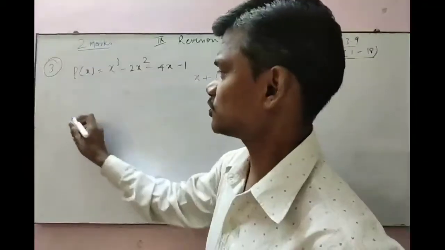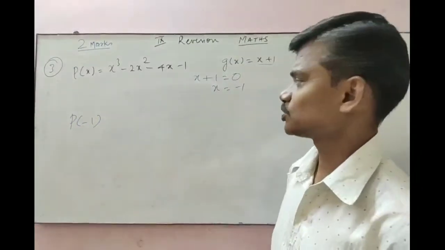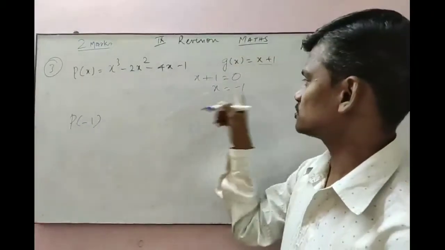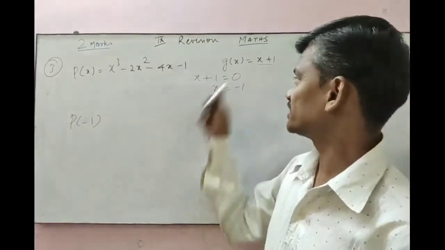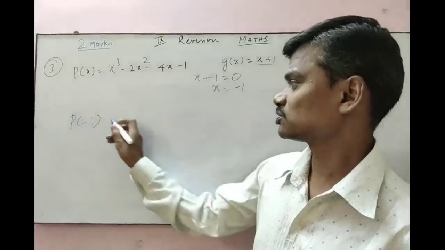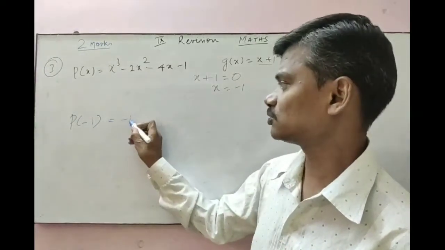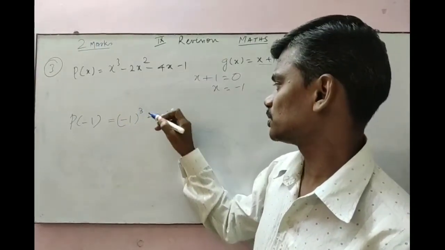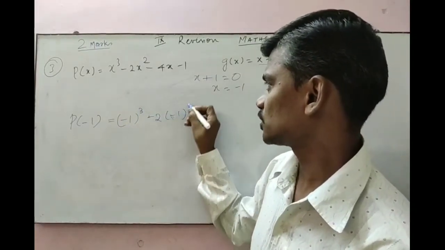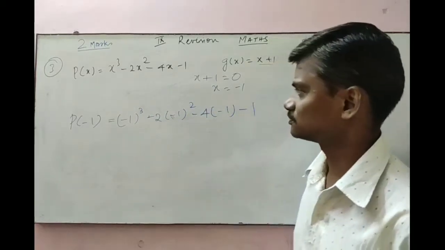So if you substitute x as minus 1, you will get p of minus 1, which gives the remainder when this polynomial is divided by x plus 1. So substitute x as minus 1: minus 1 cube minus 2 into minus 1 square minus 4 into minus 1 minus 1.